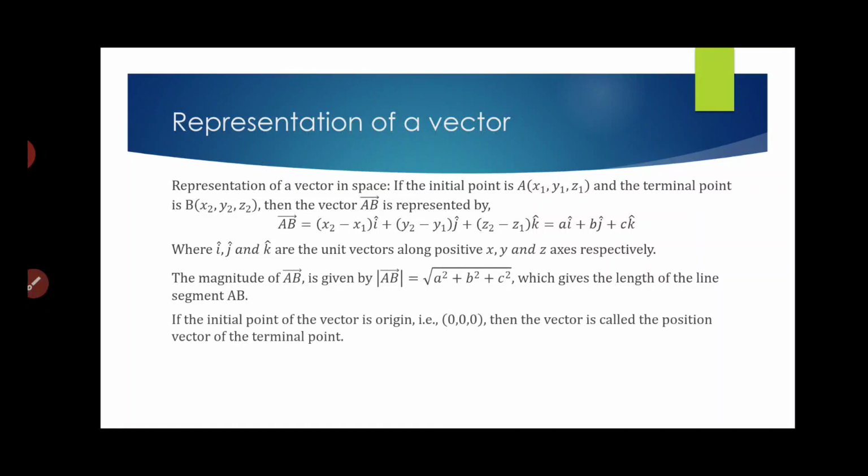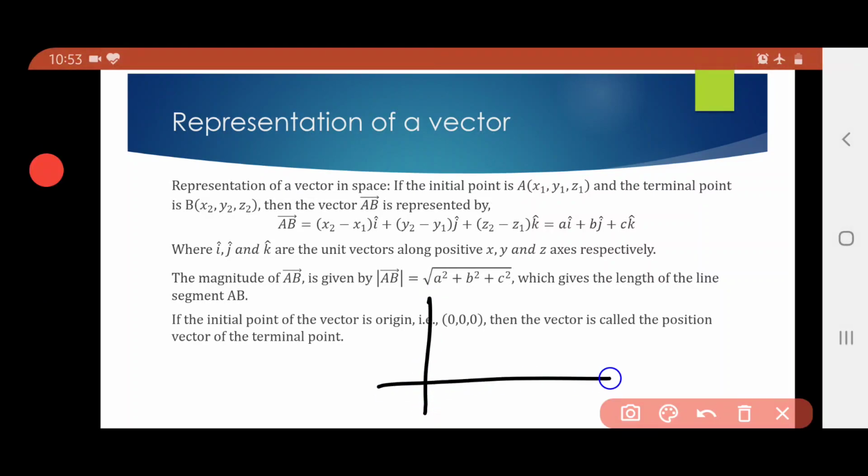Now if the initial point is the origin, that is 0, 0, 0, then the vector is called the position vector of the terminal point. For example, let me draw the coordinate axes: this is my x-axis, this is my y-axis, and I have a point, say this point B, and this is my origin.